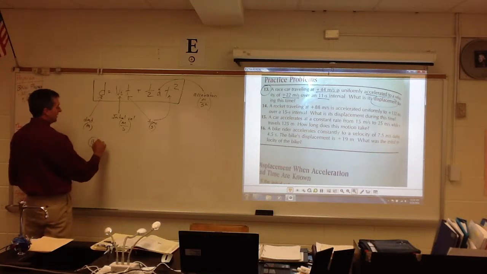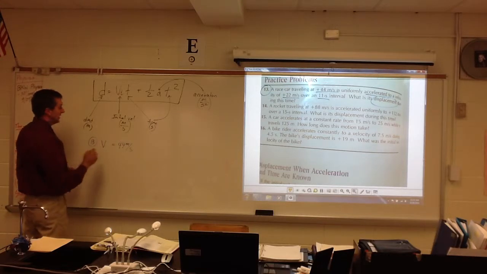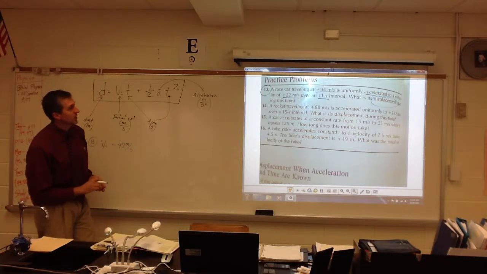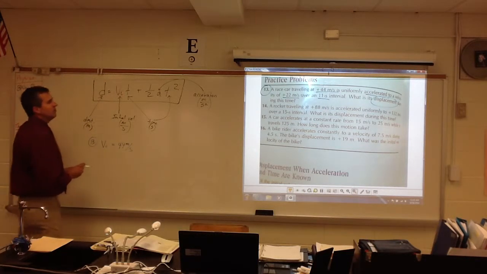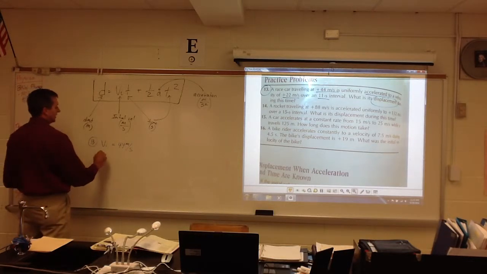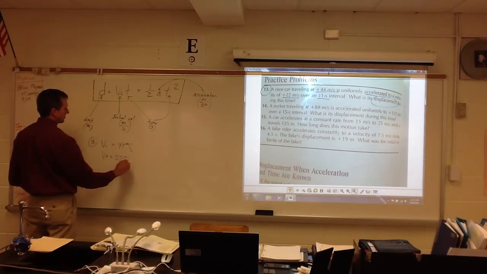The velocity of 44 meters per second is an initial velocity because it's what's happening at the beginning of the situation. Then it says it's uniformly accelerated to a velocity of 22 meters per second.